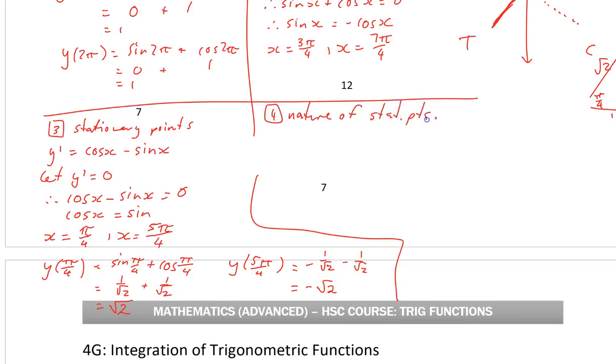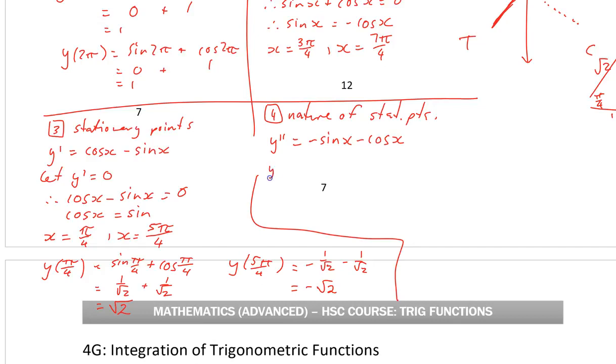Okay, so y double prime equals, and particularly in this case, it's not very difficult to find the second derivative. The derivative of cos is negative sine x. The derivative of negative sine is negative cos x. Okay, so I've got this thing here.